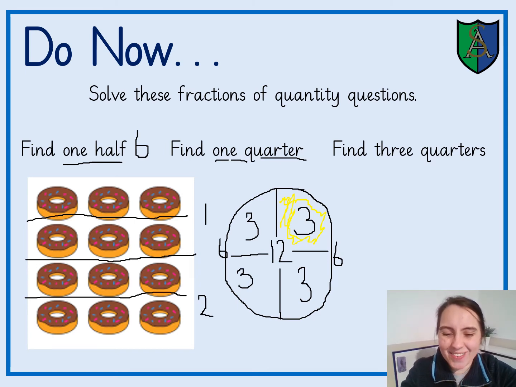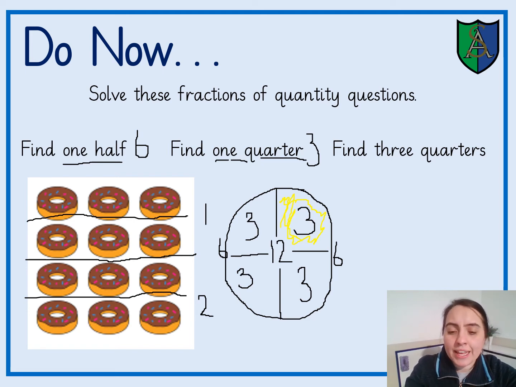What's one of those quarters worth? Brilliant, it's 3. Fantastic. Now, tricky part, because I need to find what 3 of those quarters are. So all I need to do is go back to my chart and count 3 of my quarters. I'm going to highlight them in yellow now. There's 2 quarters highlighted.